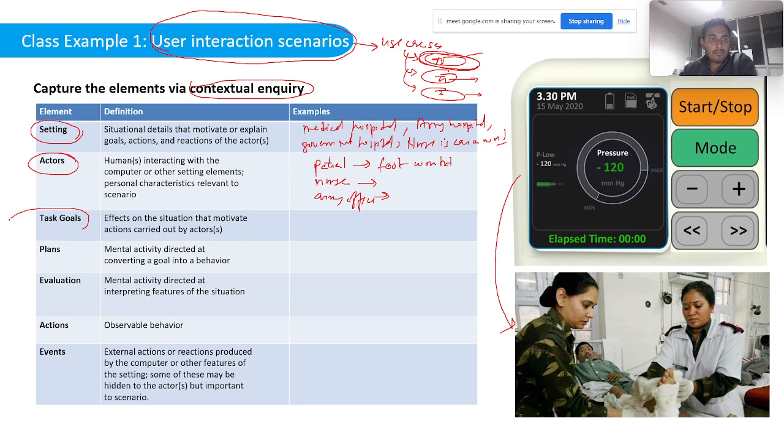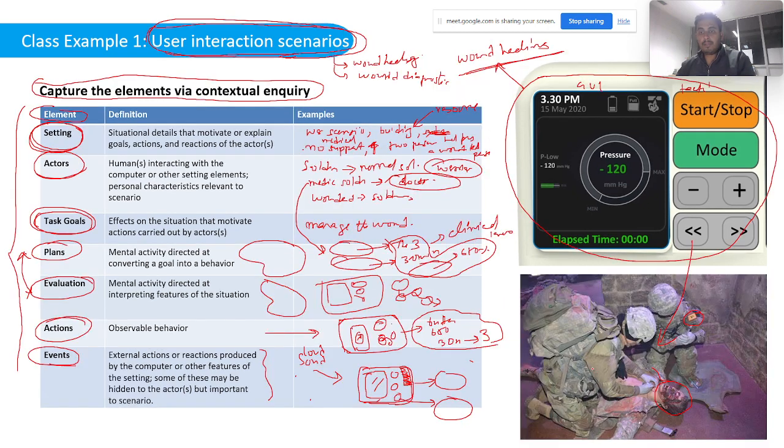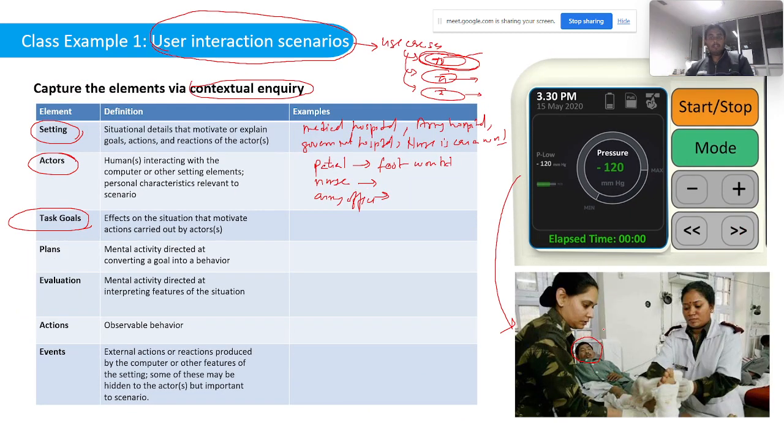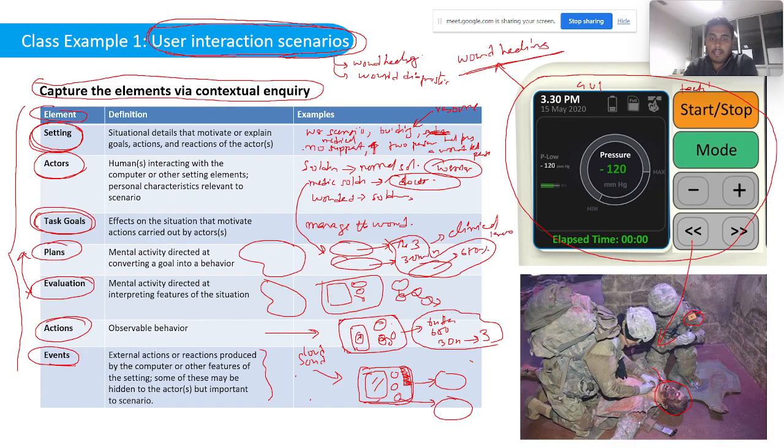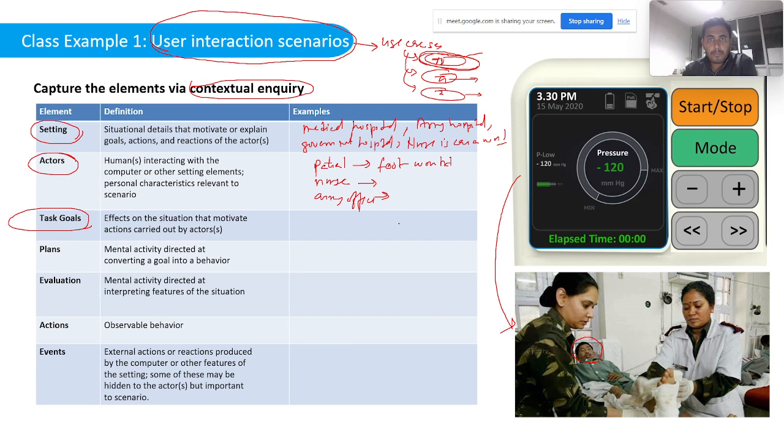Now the task goal. Here the scenario is a bit different. This person does not have some sort of acute wound. Probably it's not a burn or fatal injury like the previous one. So now the goal is to select a particular therapy, which is not the same as the previous therapy.